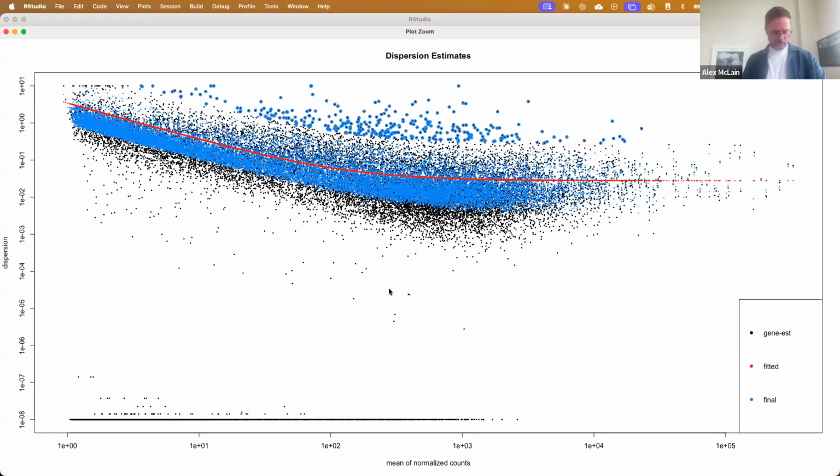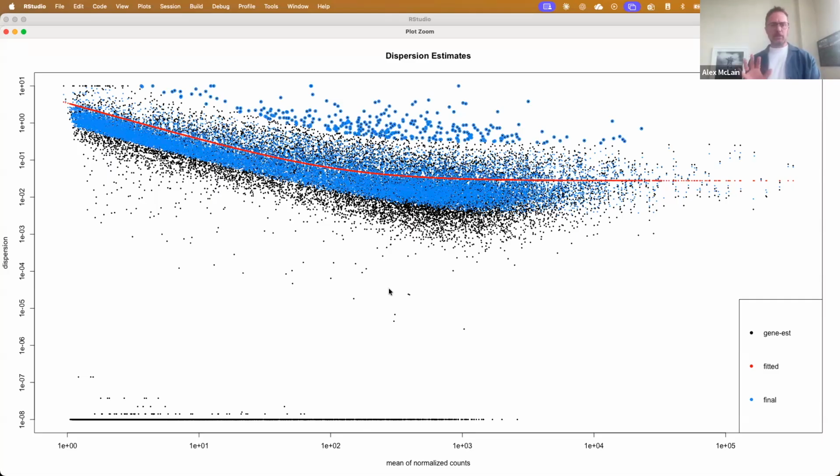So this is something to take a look at. I think this is more for your conceptual understanding, just more for your knowledge about what is going on behind the scenes when we're running this type of analysis.